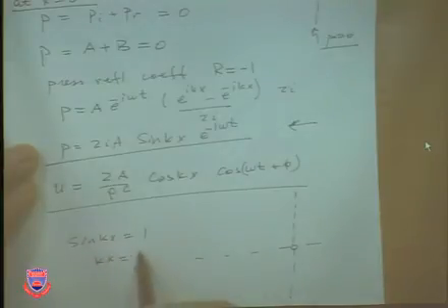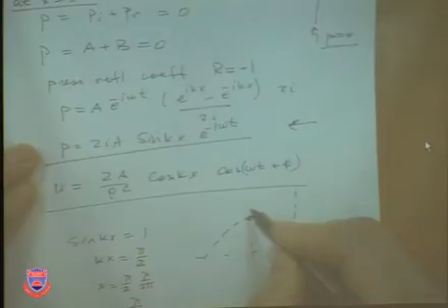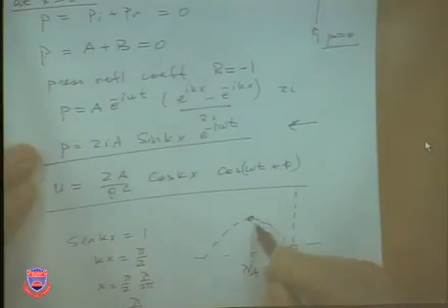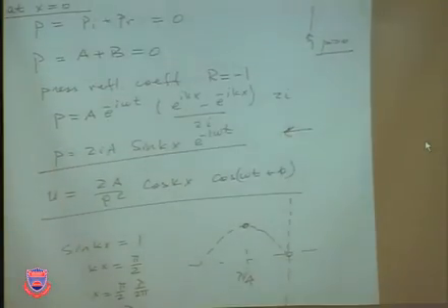When kx is equal to pi over 2. Correct? And just like the other, but in the opposite, at lambda over 4, pressure is maximum, quarter of a wavelength away from the surface.